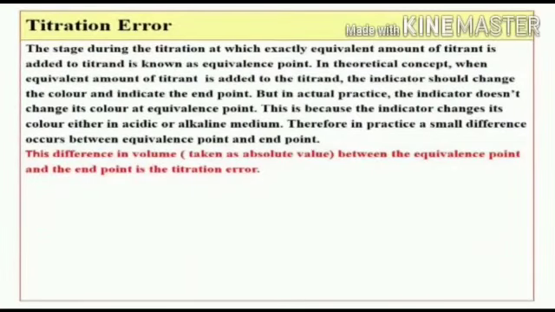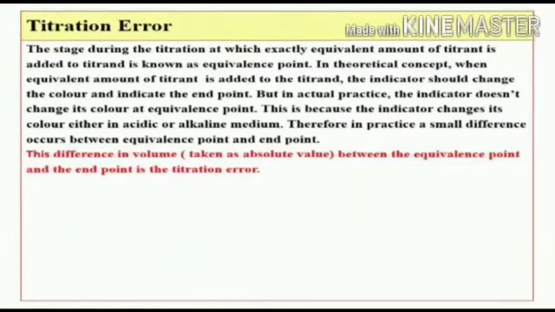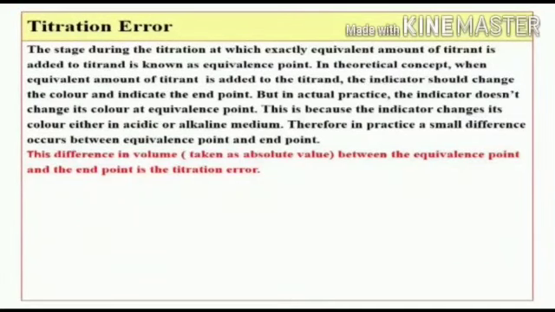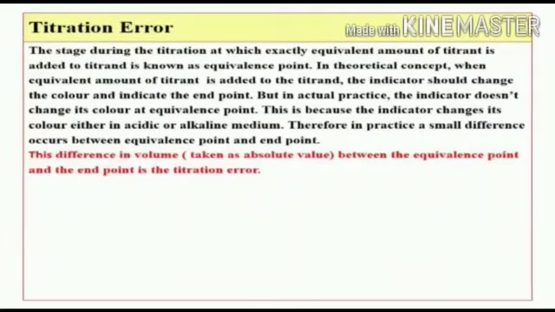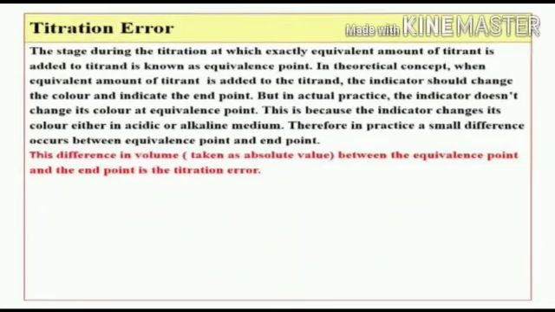Titration error. The stage during the titration at which exactly equivalent amount of titrant is added to analyte is known as equivalence point. In theoretical concept, when equivalent amount of titrant is added to the analyte, the indicator should change the color and indicate the endpoint.